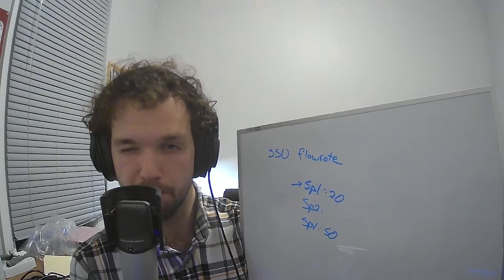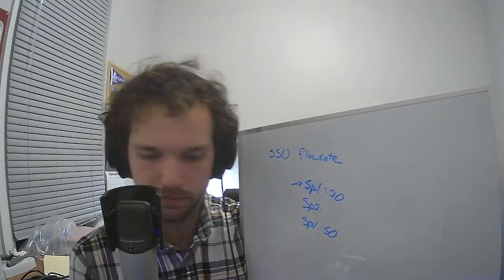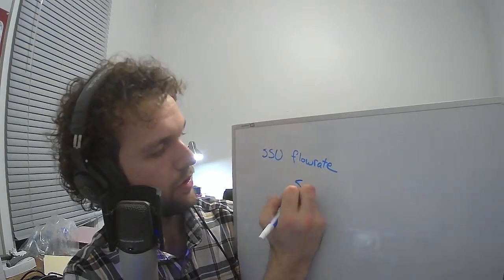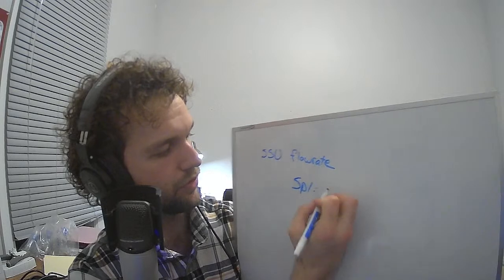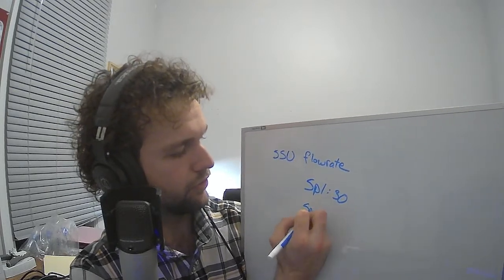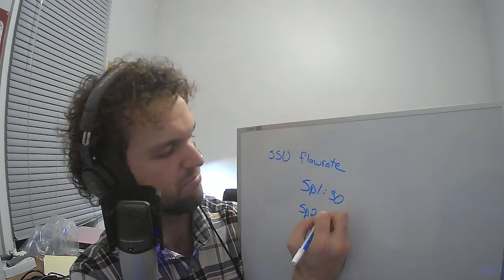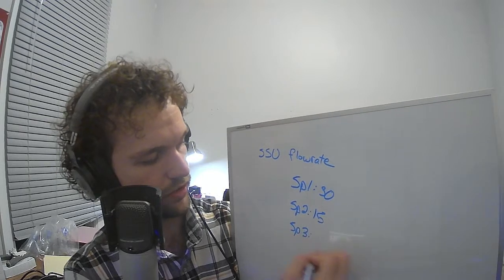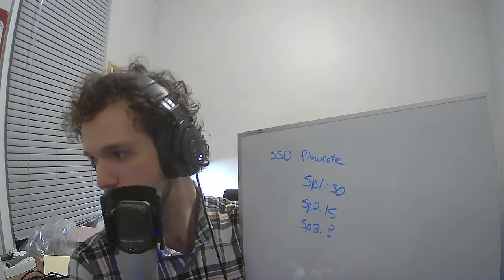So it might be a good idea, the first way, because in that way we can say species 1 has a composition of 30, species 2 has a composition of 15, and species 3 has a composition of I don't know.